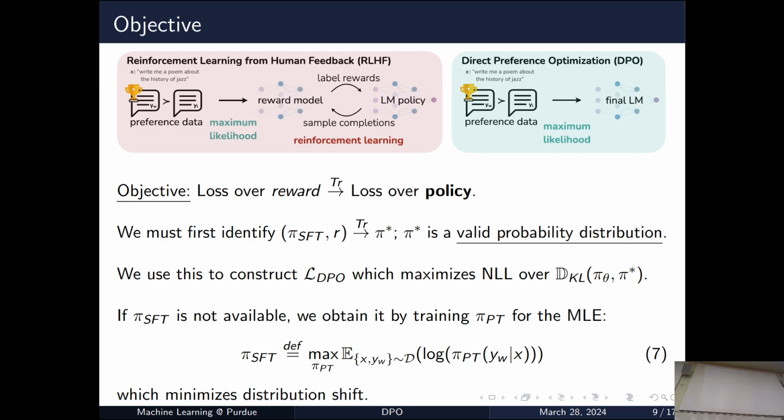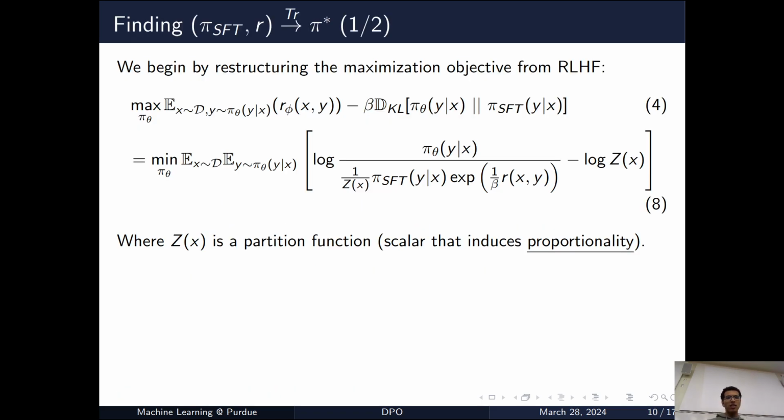Okay, so how do we get the R? We get the pi SFT, of course, but the R we calculate when we embed it into Bradley-Terry. So in the next slide, we have this restructuring of the maximization objective. We go from the maximum, which is just the algebraic difference.